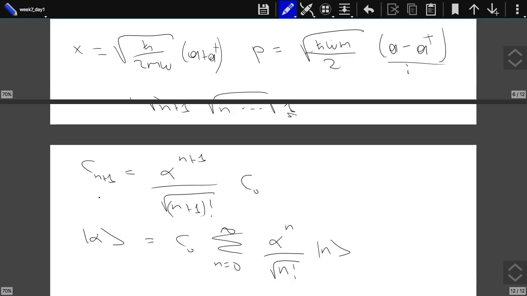Well, you see, C0, I don't know what C0 is. C0 is over there. So in this expression, if you put, let's say, n is equal to 0, I obtain C1 is equal to alpha C0. I don't know what C0 is, but once somebody tells me what C0 is, using C0 I can find C1.